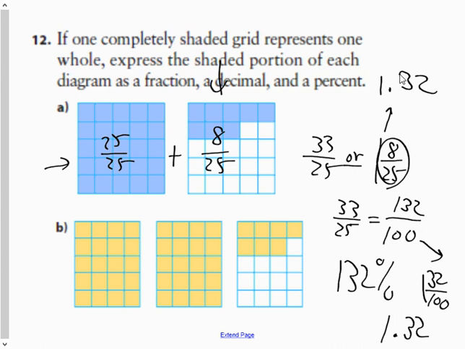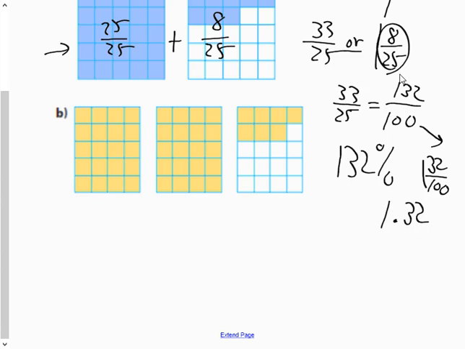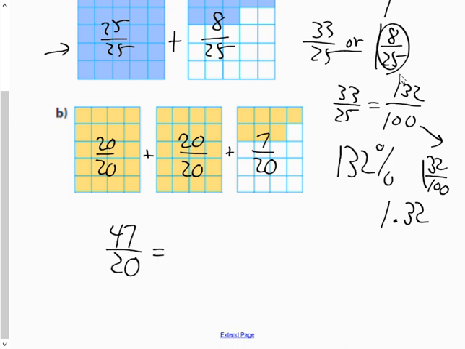Okay. My last one, I have 20 out of 20 here. I have an additional 20 over 20 here. And I have additional 7 over 20 here. So when I add those three shapes together, what would I get? 47/20, which is equal to 2 and 7/20 as a fraction.